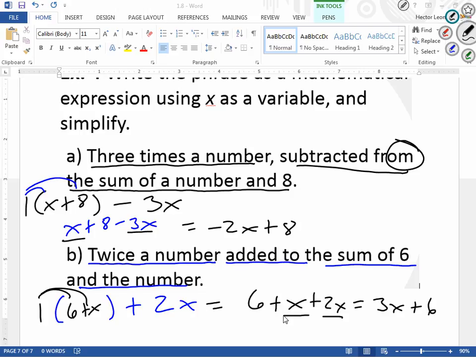Your question might be, well, do I have to write the one with the letter first? Do I have to write the other number first? Like, what do I have to do? As long as both of them are there, the order does not matter. So mathematically, they're both correct. So instead of 3x plus 6, you could write 6 plus 3x. Mathematically, they're both correct.